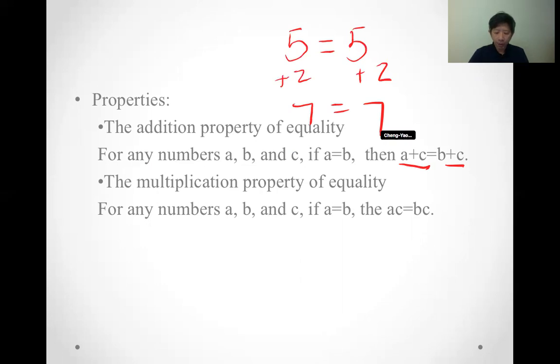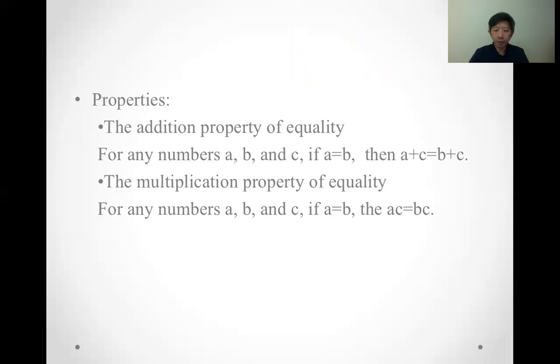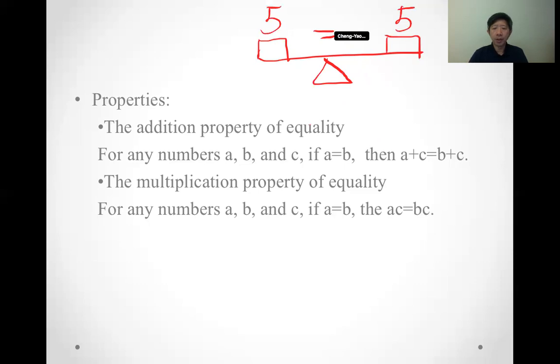If you look at a scale, the equal sign means this: if I have a 5 here and a 5 here, that means equal. If I add 2 for this and add another 2 for this, we're still keeping a balance, okay?